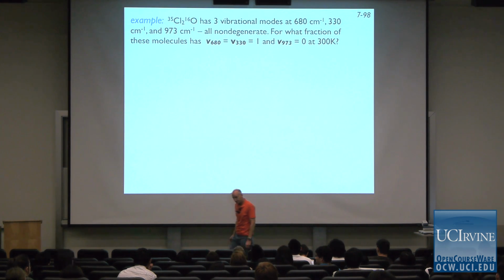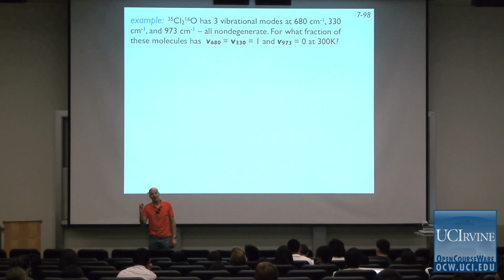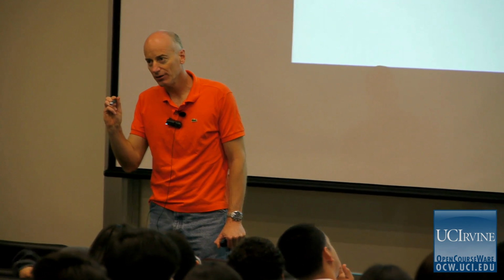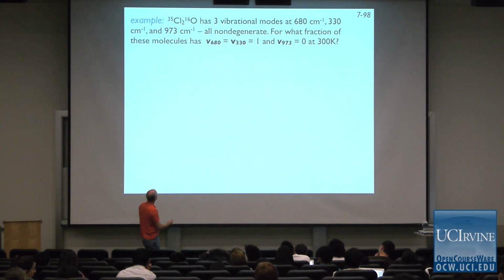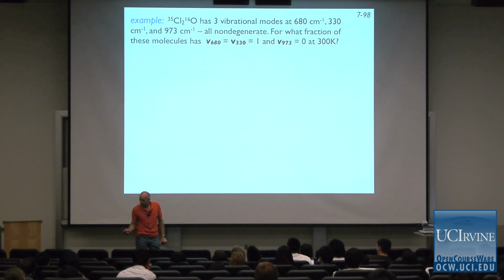Protons and neutrons. Yeah, it's the atomic mass. So I'm talking about an isotopically pure sample of chlorine oxide. The 16 is the mass of the oxygen in atomic mass units. The 35 is the mass of the chlorine.